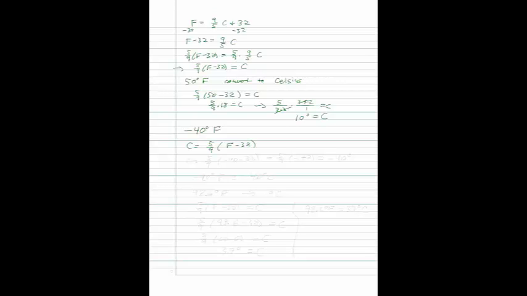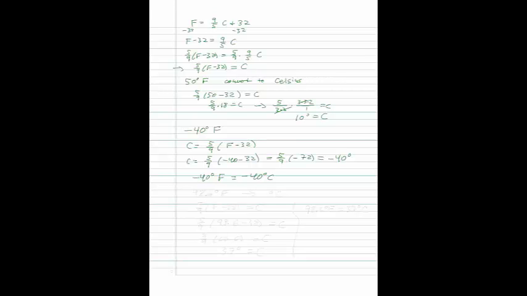So we're going to plug 40 degrees below 0 in for F. C is 5/9 times negative 40 minus 32, which is 5/9 times negative 72, which is minus 40. So that's the interesting one. As you can see here, minus 40 degrees Fahrenheit corresponds to minus 40 degrees Celsius. So that's the place where both numbers are the same. Certainly not a temperature we're looking forward to feeling in the winter.